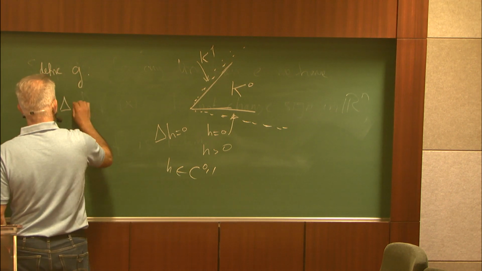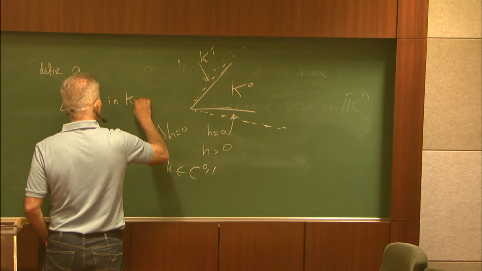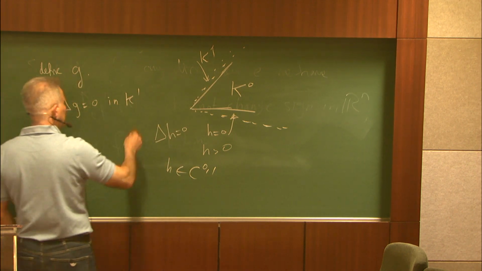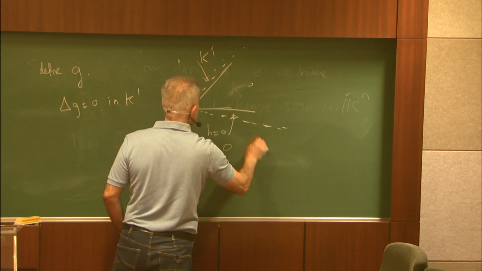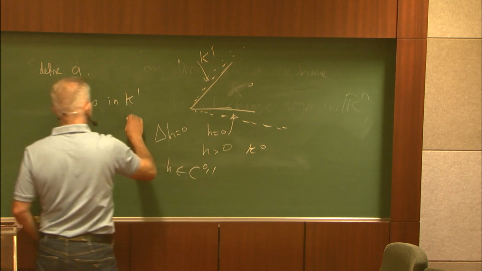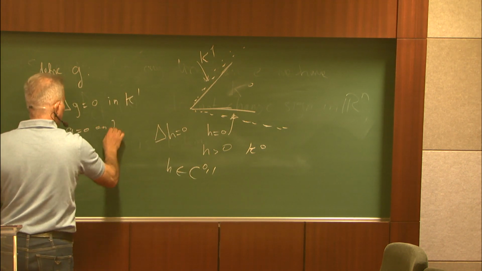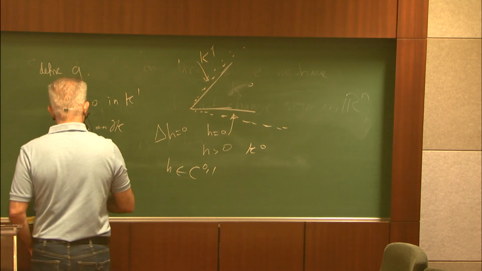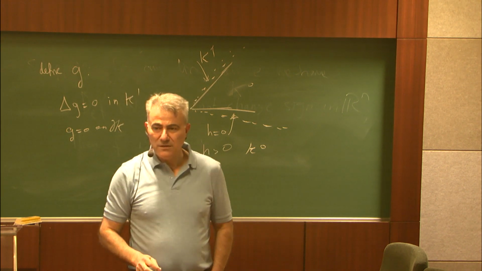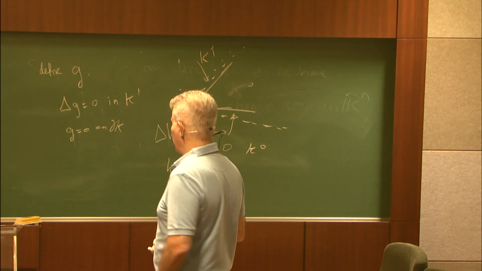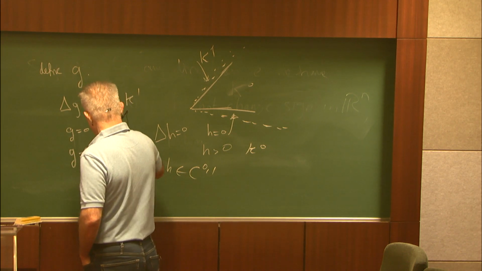Define g such that Laplacian of g is 0 in K1. So let's say this is K0, it's easier. And this is K1. In K1, g is 0 on the boundary of K1. g is harmonic. And then g is homogeneous. You can actually come up with g explicitly.